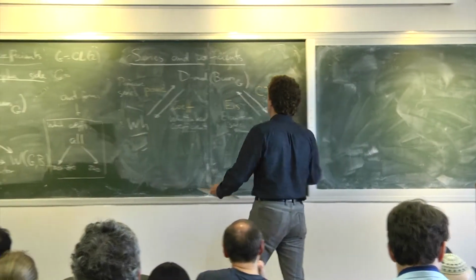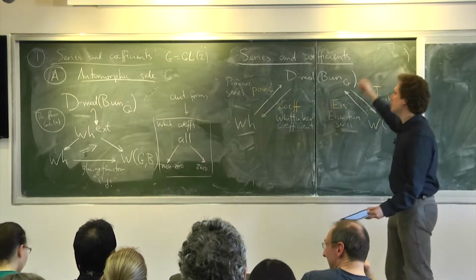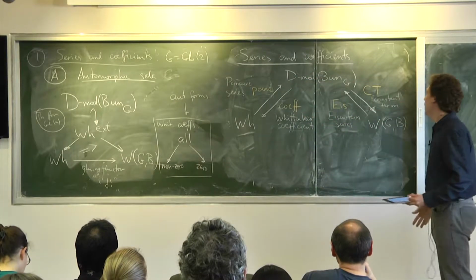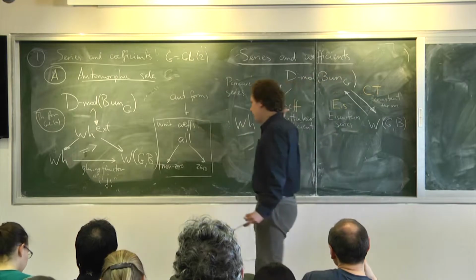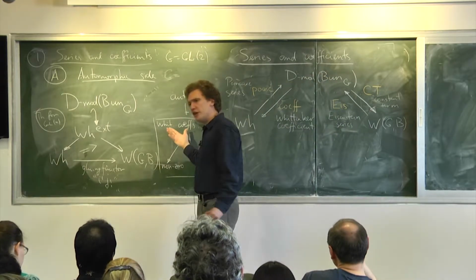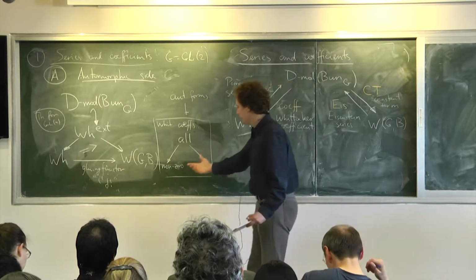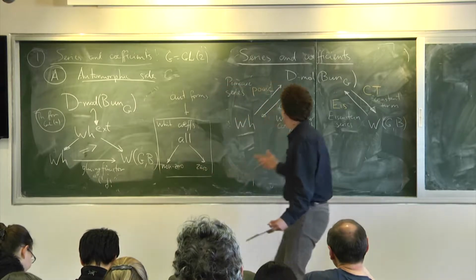But we have ways of putting things in here, and similar ways of putting things on the Galois side, which I didn't have time to draw yet. And the idea is to put things in here and then make sure that they match by looking at their Whittaker coefficients.